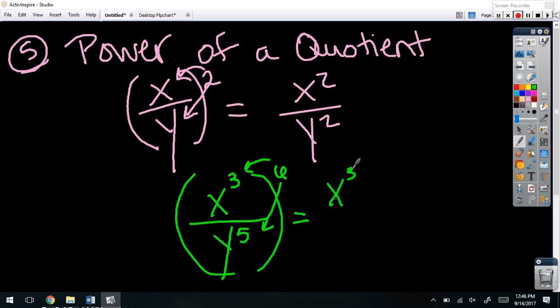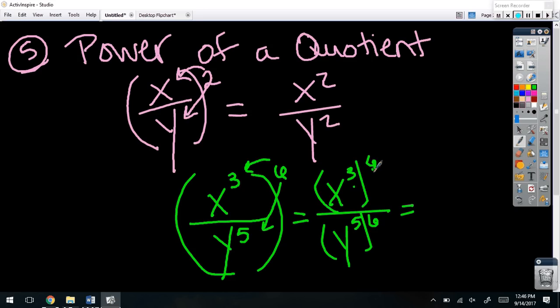So if I have x to the third to the sixth and y to the fifth to the sixth, if you have a power raised to a power, what do you do? Multiply. Think about something that's already raised to a power, so it's really big, and then you raise it to another power, so it's really powerful. No pun intended.